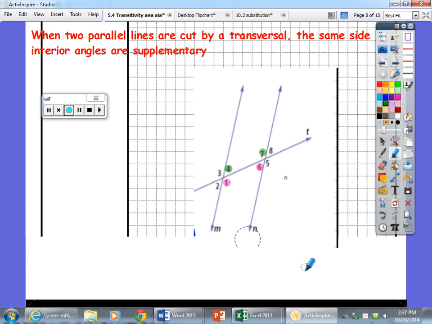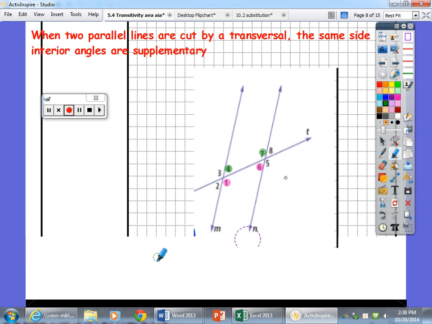Now, there is a way to do this so that it won't be too difficult to figure out. What we would do first is say that angle 3 is supplementary to angle 4, by the linear pair theorem or the supplementary theorem. And then we would say that angle 3 is congruent to angle 7, and then we would substitute that in so that we could say that angle 4 and angle 7 are supplementary.